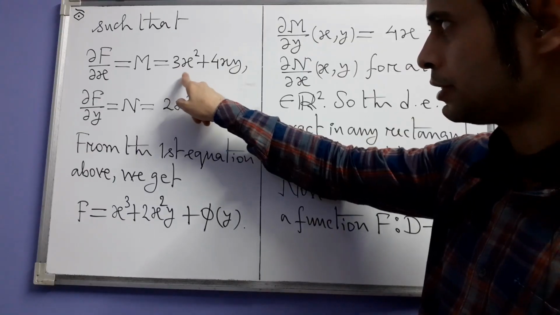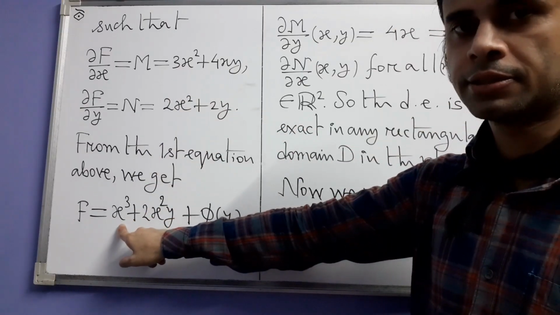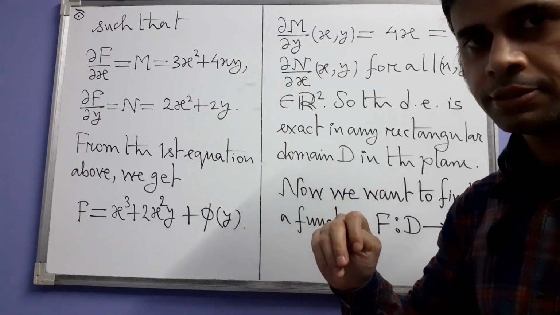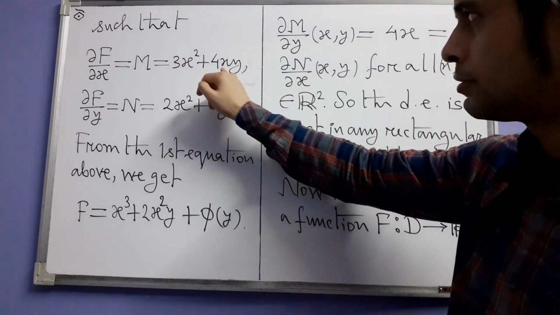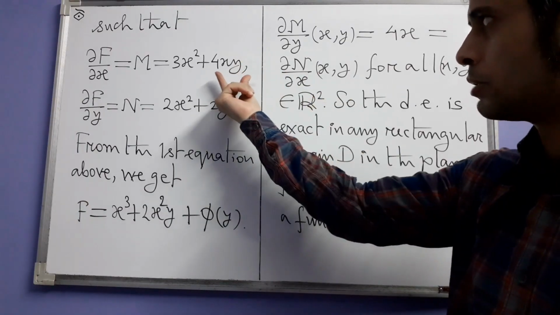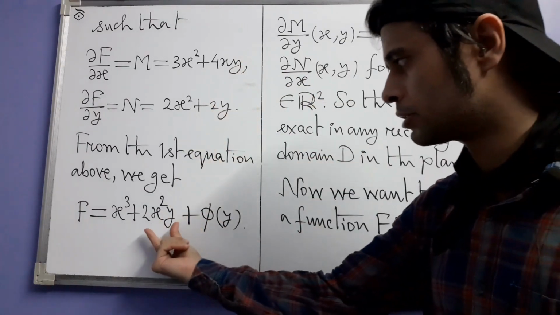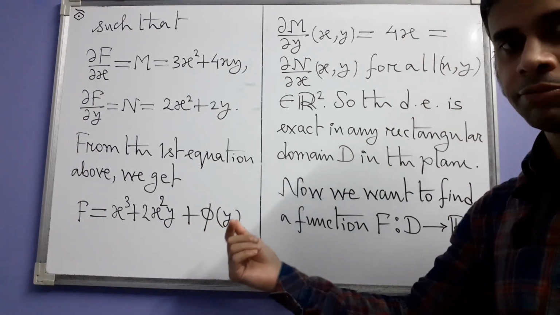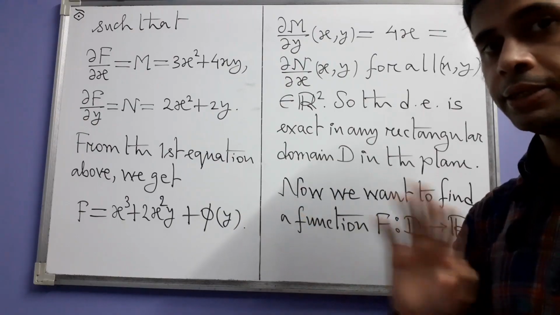On the right hand side, 3x square will become x cube, because x square when integrated becomes x cube divided by 3. And integrating x, you will get x square divided by 2. So in place of 4xy, you are going to get 2x square y, plus phi of y, where phi is some function of y only.